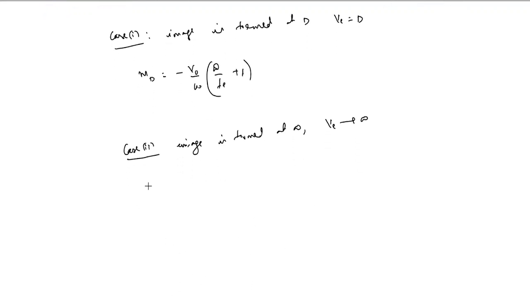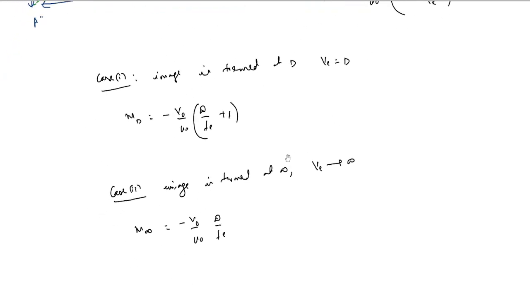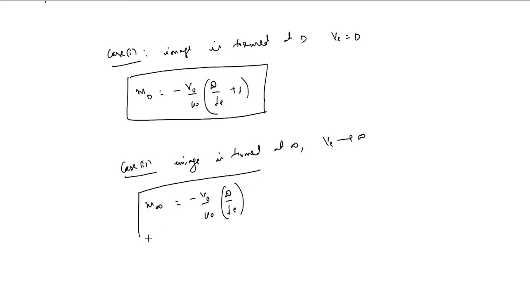Therefore, the magnification in that case will be minus of v0 by u0 times (D by fe plus D by infinity), which becomes basically 1. So this is the magnification in case of image formed at infinity. Keep in mind that M_D and M_infinity are the extreme limits of the magnification. In most cases, it will be somewhere between these two only.